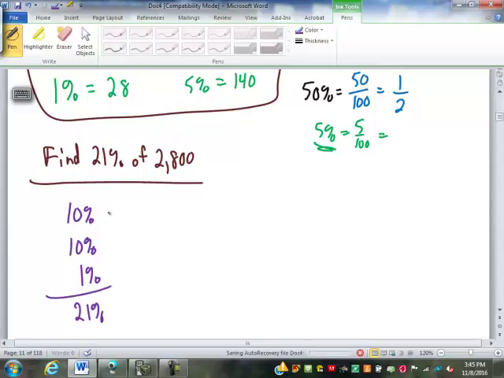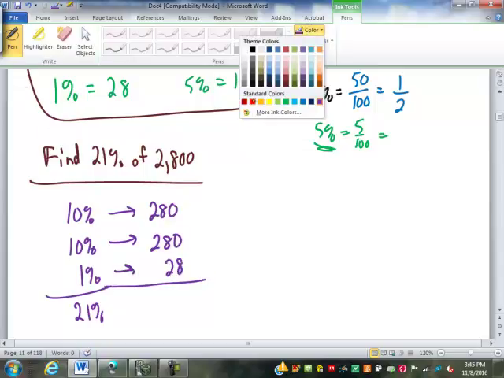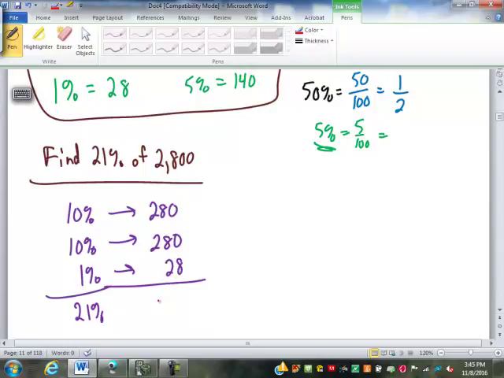Well, 10% we said was 280. There's another 280 for the other 10%. 1% we said was 28. So we add those up, we get 588 is 21%.